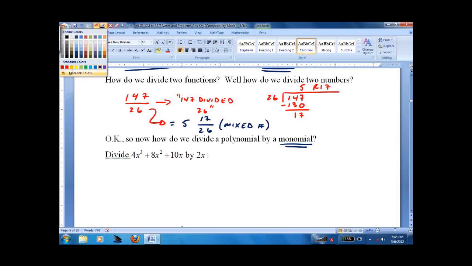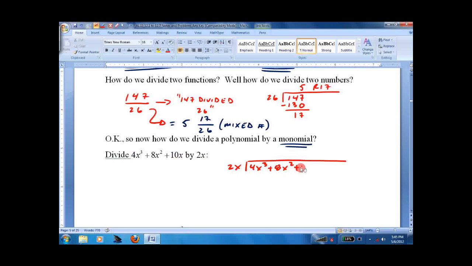We'll do them both. Here it is. 4x to the third plus 8x squared plus 10x divided by 2x. 2x goes out front. Long division, 4x to the third plus 8x squared plus 10x plus 0. Whenever we're missing something, write in a 0. It's a good reminder so we don't mess it up.